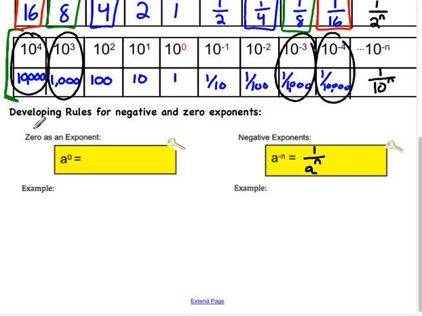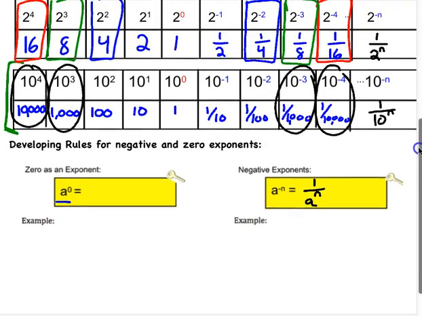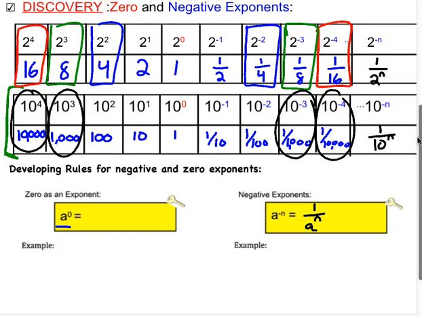Now, what about a zero exponent, okay? This side right here. Well, zero exponent, let's go back up and see what happened there. 2 to the 0 was 1, and 10 to the 0 power was also 1.